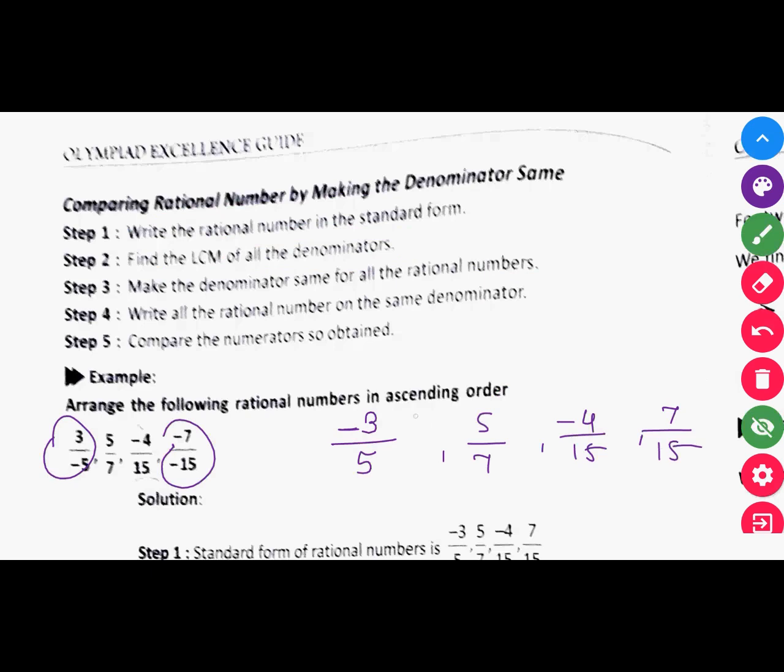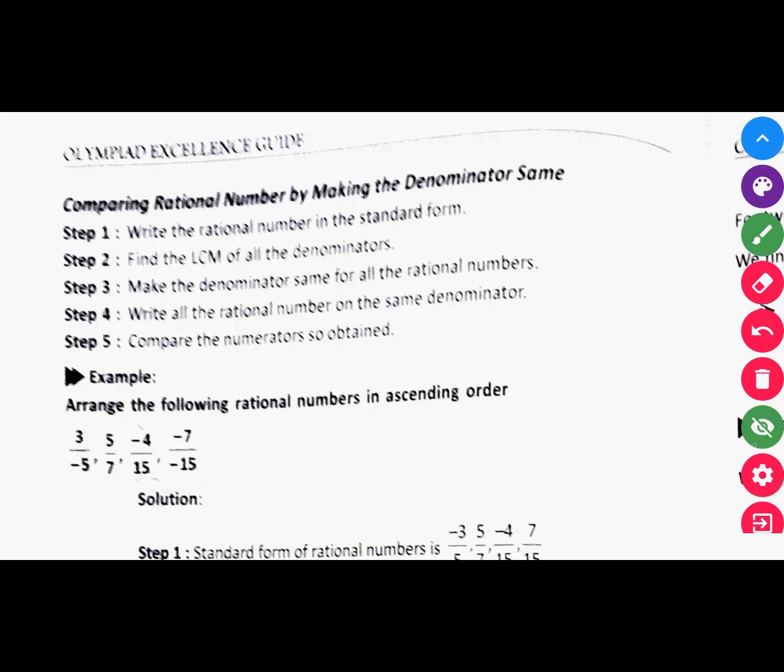Now the common multiple of all the denominators is 105. Okay, so for all denominators to become 105, we have to convert the numbers.